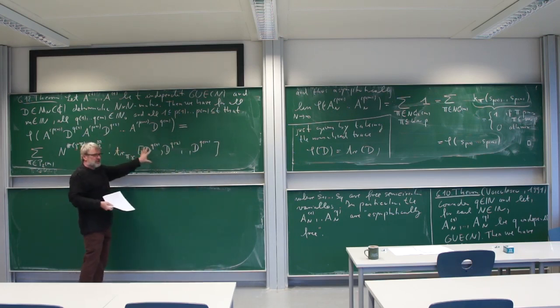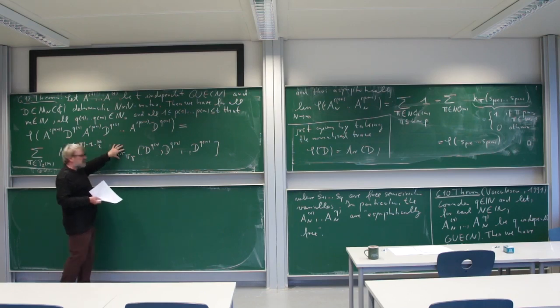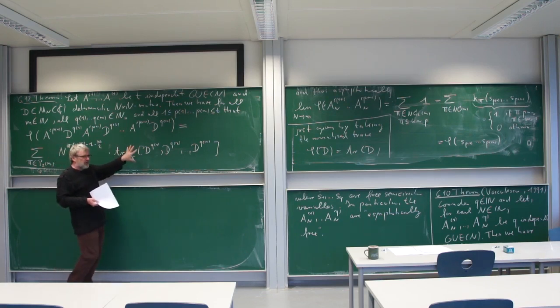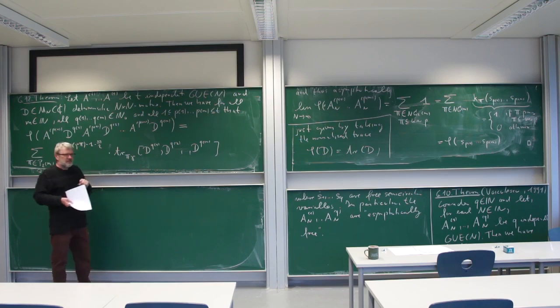Okay, and this notation is our usual notation. If I have a linear function or whatever, I usually index it by partitions, and then this is the product of this function corresponding to the block decomposition.